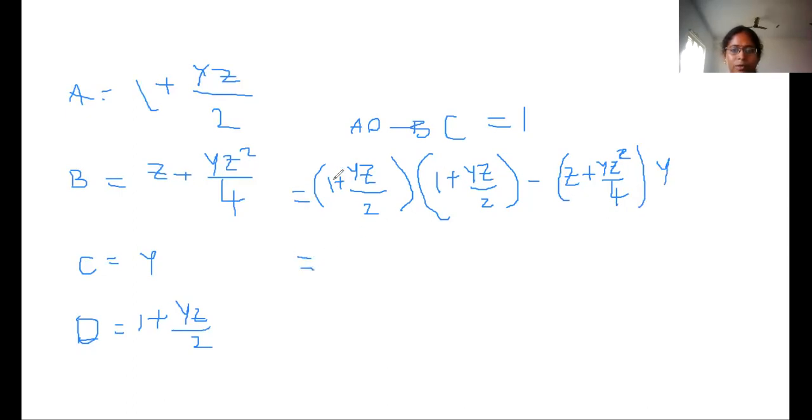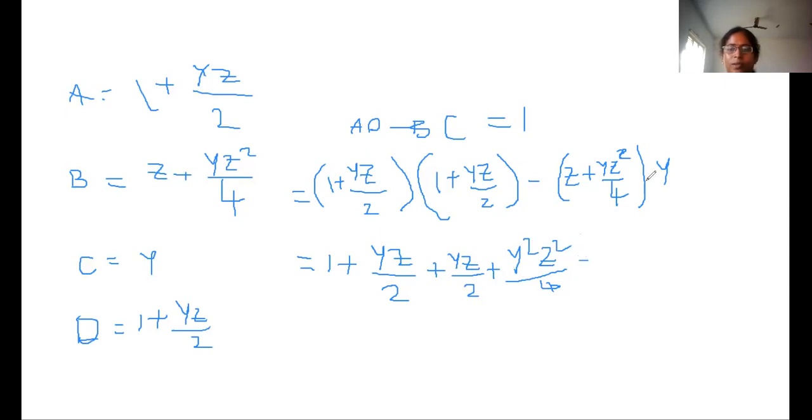Okay, so multiply these two terms, 1 into 1, 1 plus 1 into YZ by 2, YZ by 2. So YZ by 2 into 1, YZ by 2, plus YZ by 2 into YZ by 2. That is nothing but Y square Z square by 4.